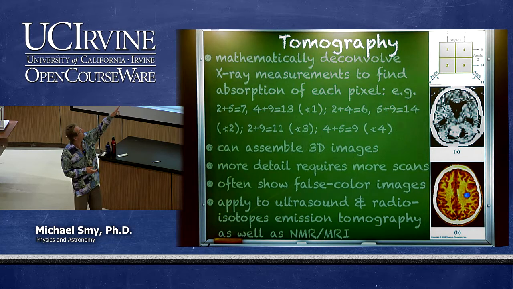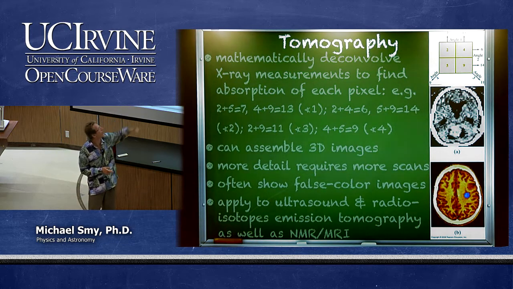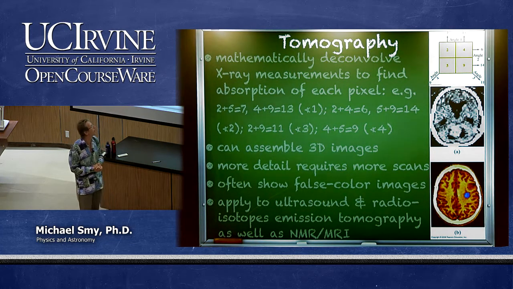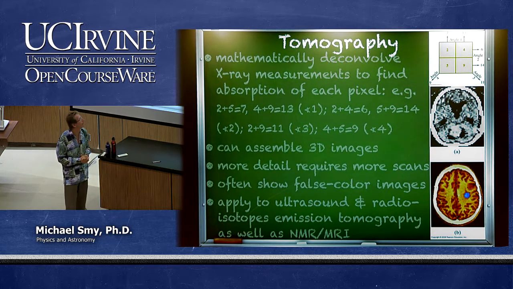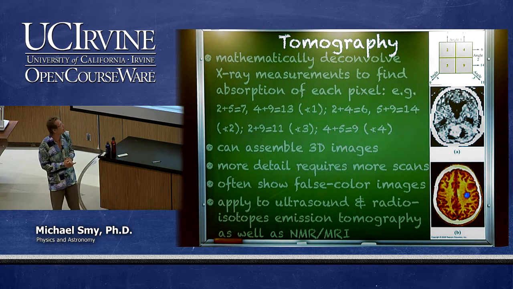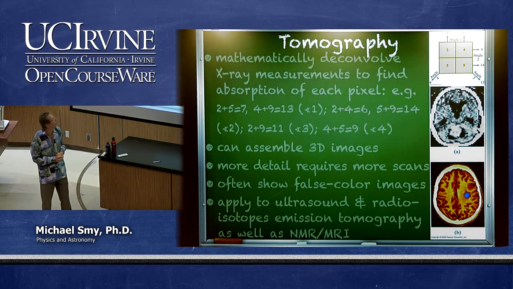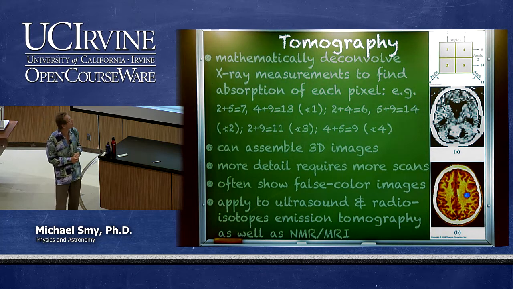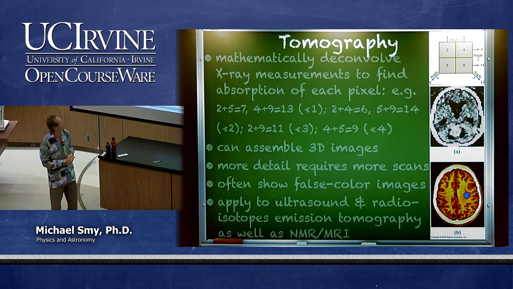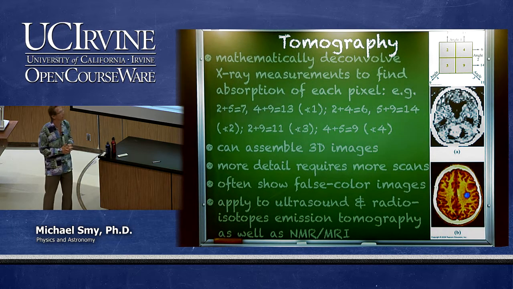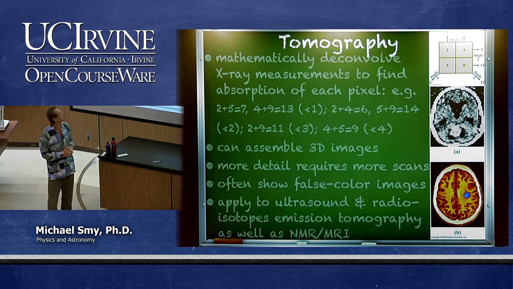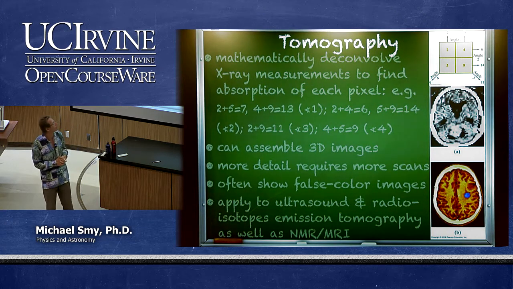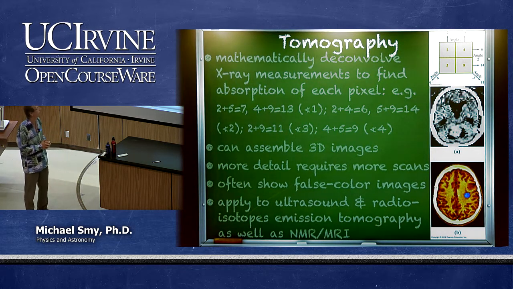So in angle 1, we get the sum of the left pixels, 2 plus 5, and 4 plus 9 on the right-hand side. For angle 2, we get 2 plus 4 at the top and 5 plus 9 at the bottom. And then for angle 3, we get the diagonal, or 2 plus 9. And for angle 4, we get the other diagonal, or 4 plus 5. And then one uses mathematics to reconstruct the original numbers 2, 4, 5, and 9 from those measured values.